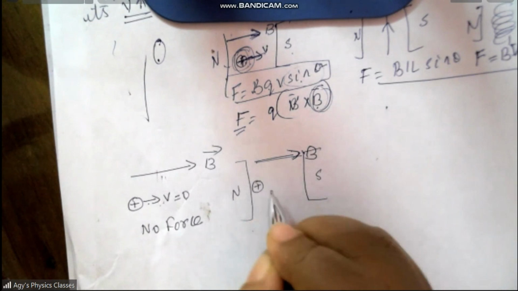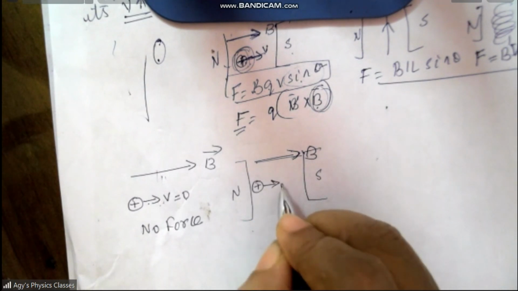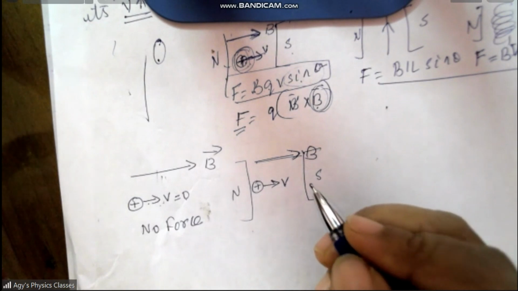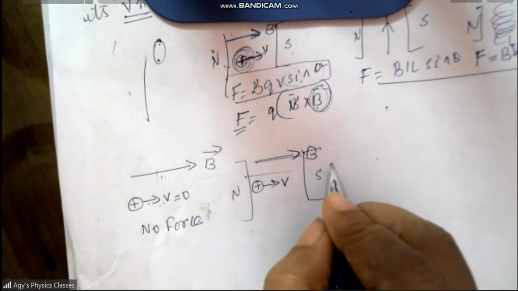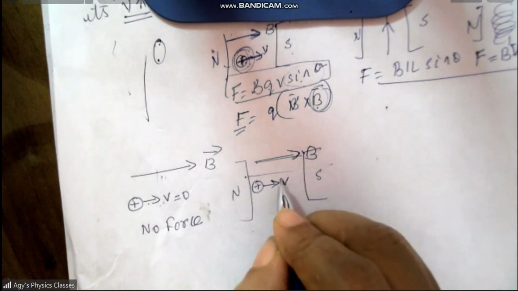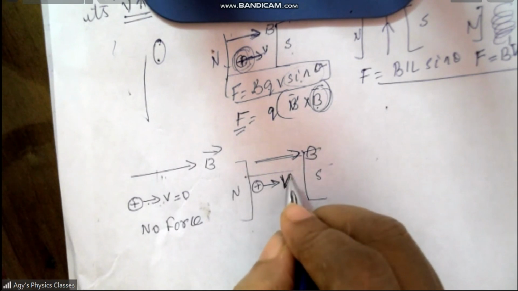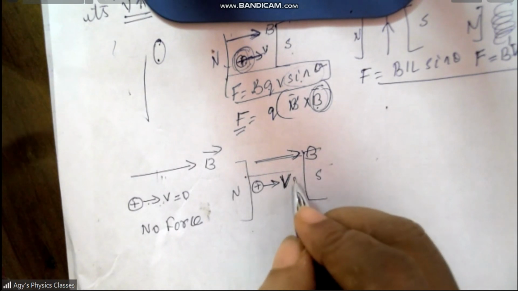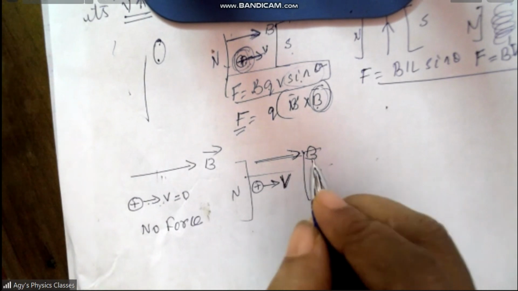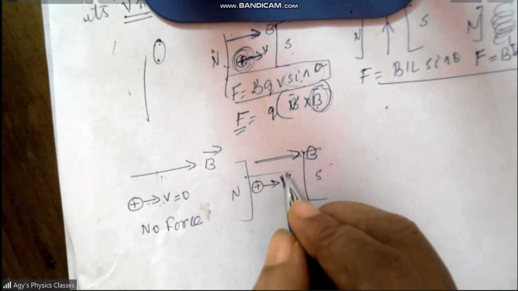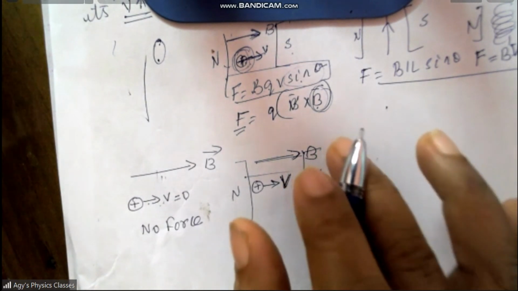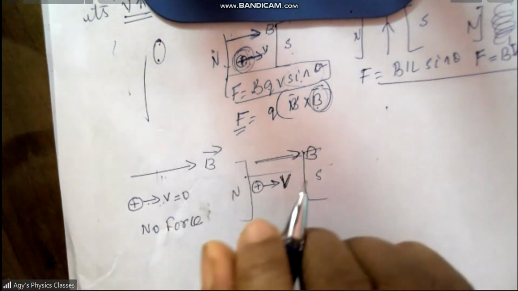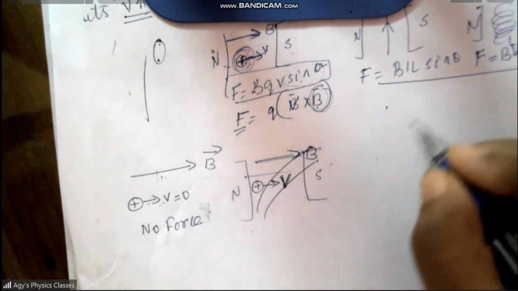If you place a charge in motion, the magnetic field is in this way, and the charge's field is also this way, then they will interact and produce a net force, and the force will always be perpendicular to its velocity.